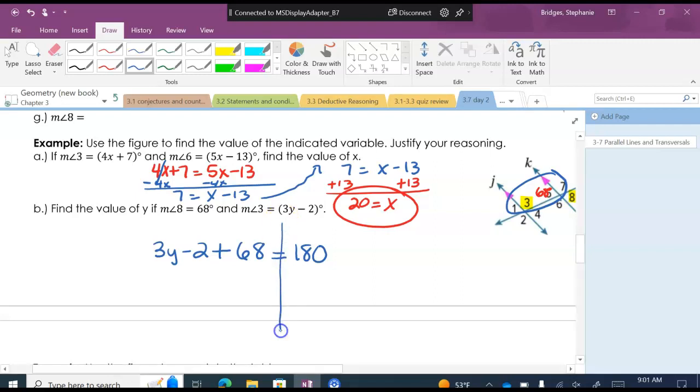And remember this, when I have numbers that are on the same side of the equation, we just put them together as they are. What is negative 2 plus 68? And then we want to continue to solve for y, so what would I do next?